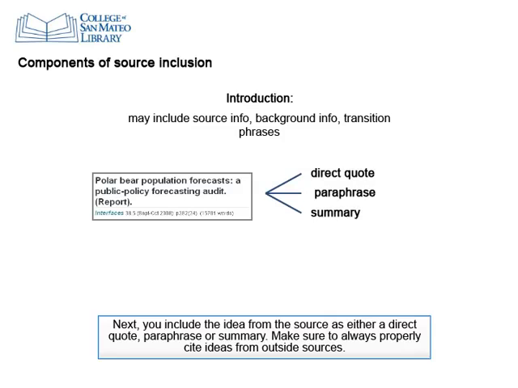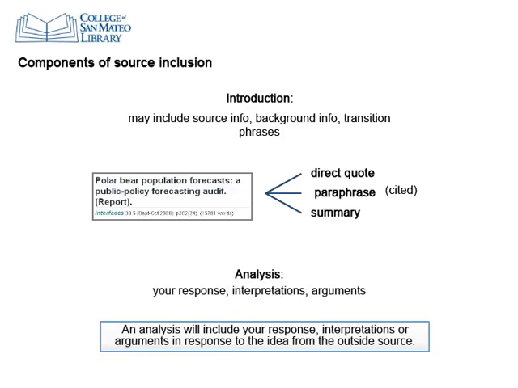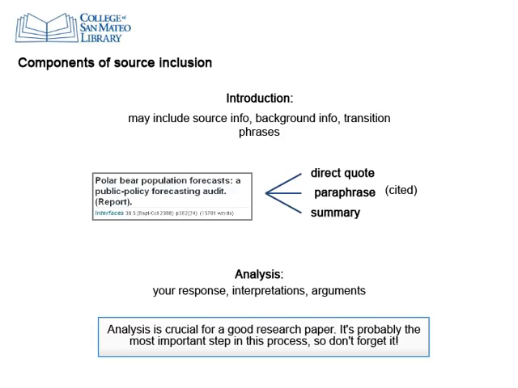Make sure to always properly cite ideas from outside sources. Finally, include an analysis of the ideas that you've presented. An analysis will include your response, interpretations, or arguments in response to the idea from the outside source. Analysis is crucial for a good research paper. It's probably the most important step in this process, so don't forget it.